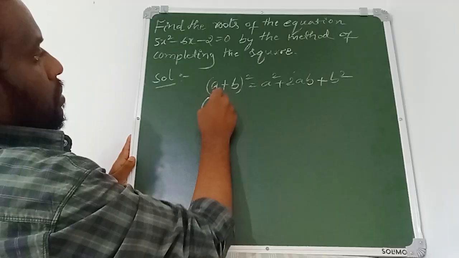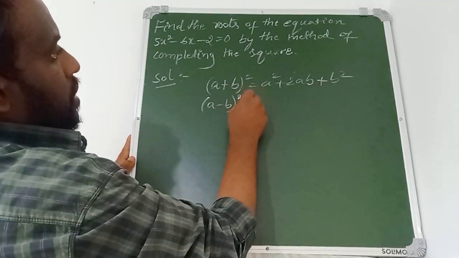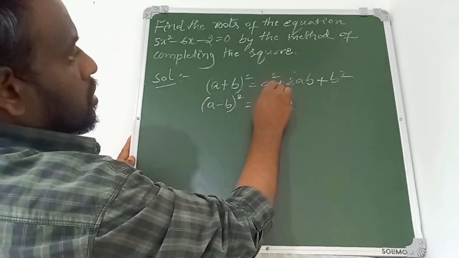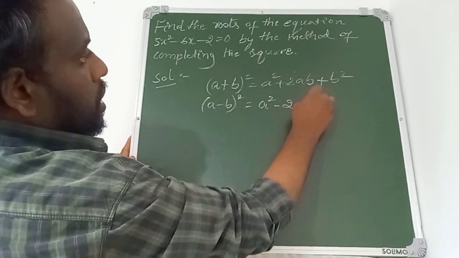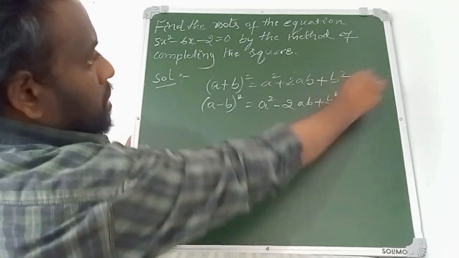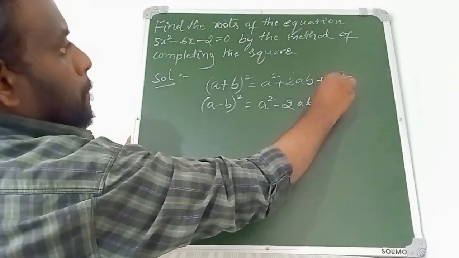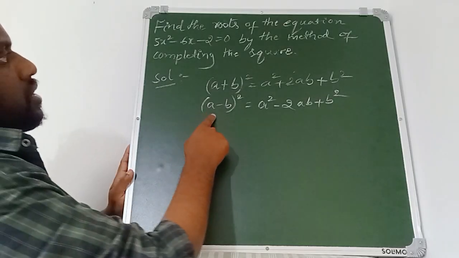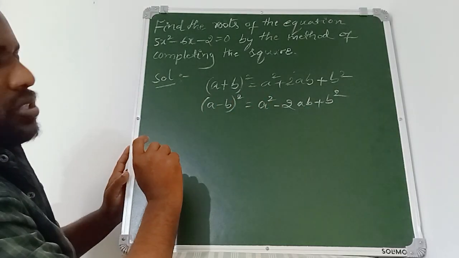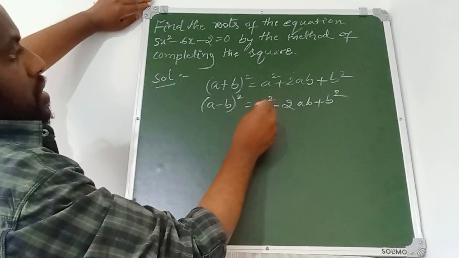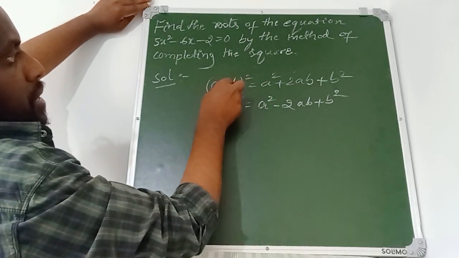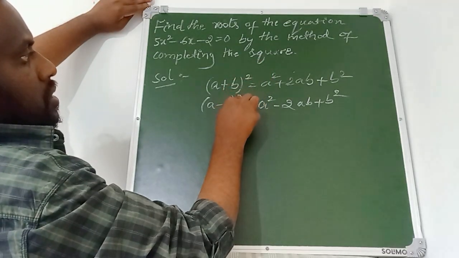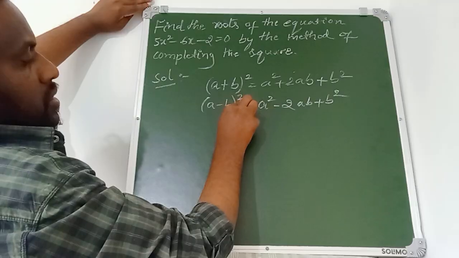We have another formula: (a - b)² = a² - 2ab + b². These are the formulas we call square formulas, because a square is there. In (a + b), this is one term, and here the square is there. Here also the square is there.